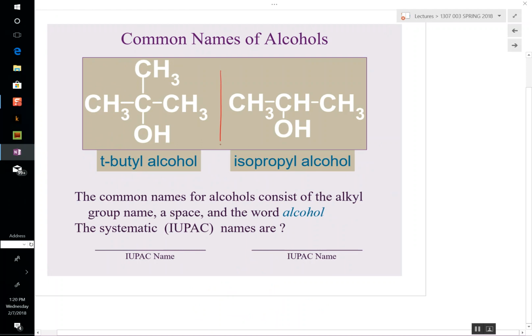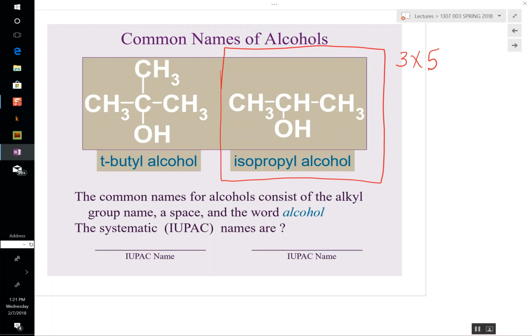Okay, let's take a look at this one. You want a 3x5 card of this. Here's your 3 carbons. The OH is in the center. Now, if I didn't have an OH there, you'd say, oh, that's an isopropyl substituent. Well, it's an isopropyl substituent with an OH in the middle.